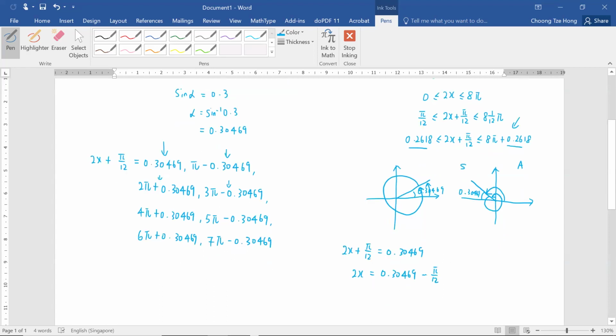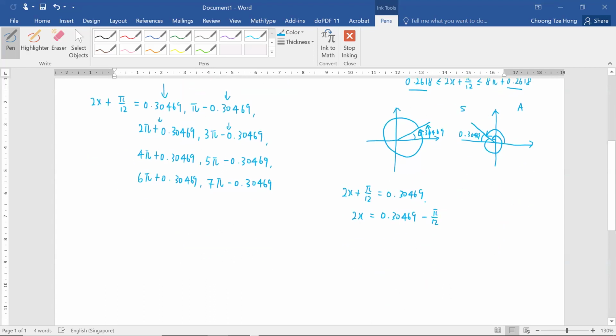Then calculate this whole thing as a decimal, and then you divide by 2. If you do that, you will get your first x answer. You should be able to get 0.0214, all answers to 3 sig fig.